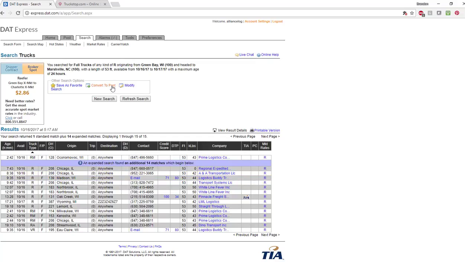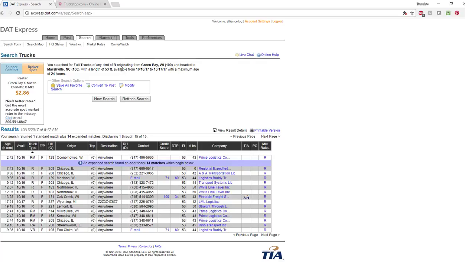So what we have talked about so far is posting loads, searching for trucks, and establishing a rate. Those are the three basic functions of a load board. Many times you hear new freight brokers saying, hey, I'll go on a load board to find loads.